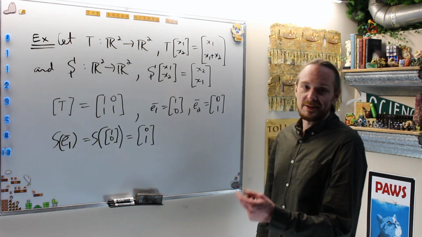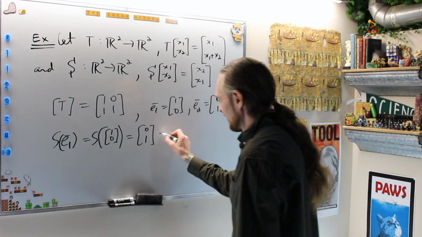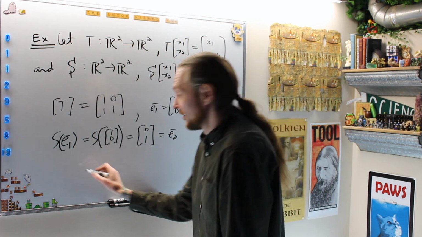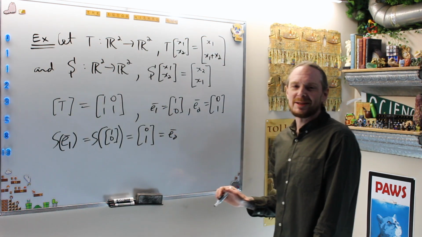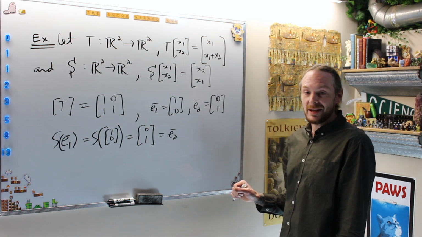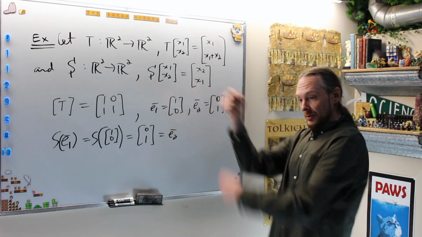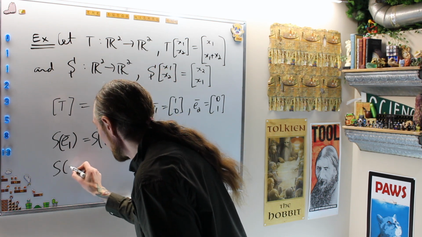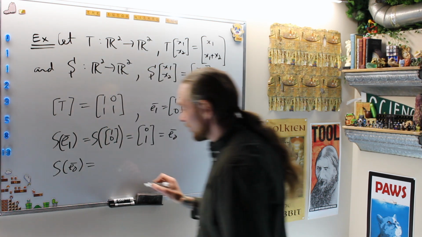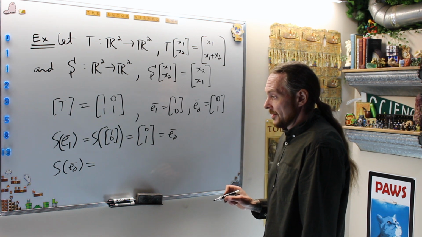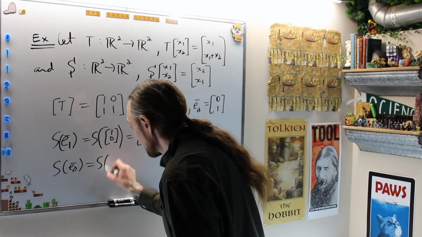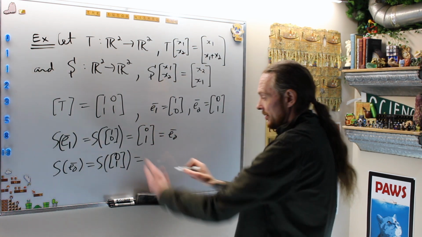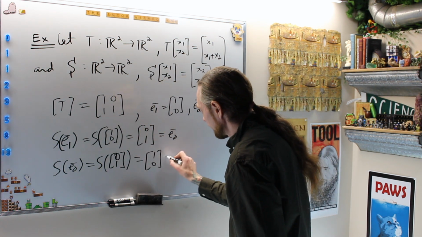It's going to flip them, which is E2. It's actually about the x-axis for conjugation, you'll see. It's similar though. S of E2 is equal to S of 0, 1, which is 1, 0.